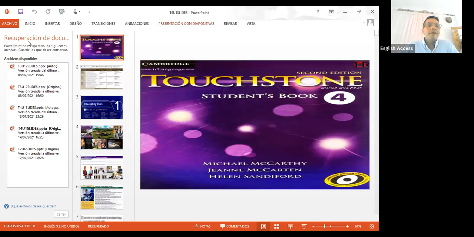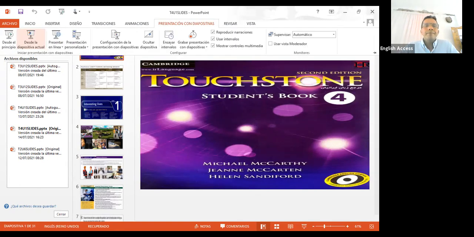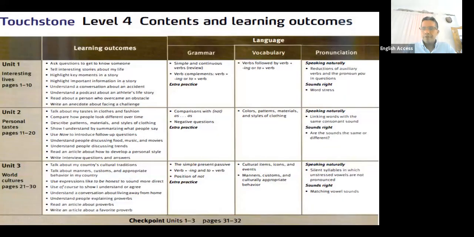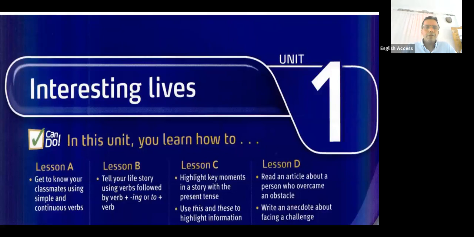We have the opener. We start with unit 1. Well, actually, we start with the student's book. We talk about all these interesting lives, and we start with lesson A. And we are still working on tenses.